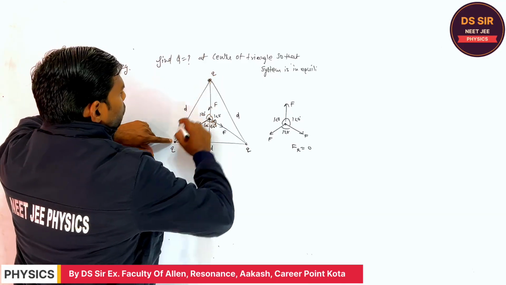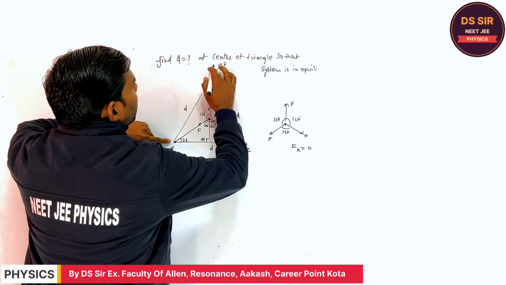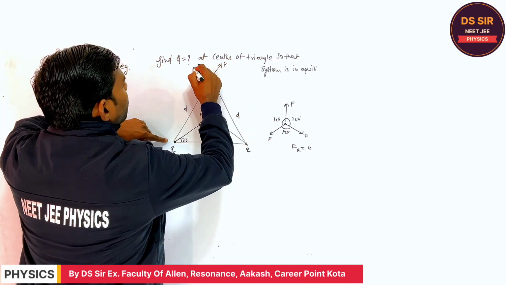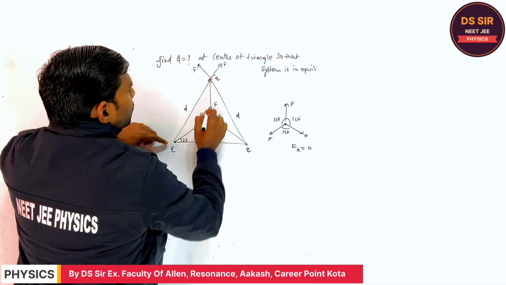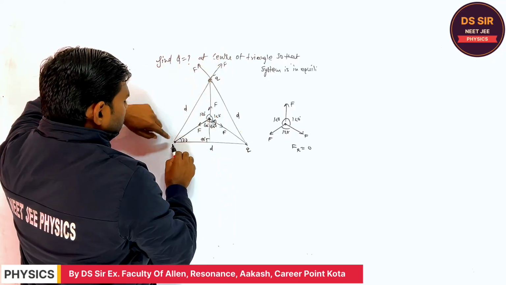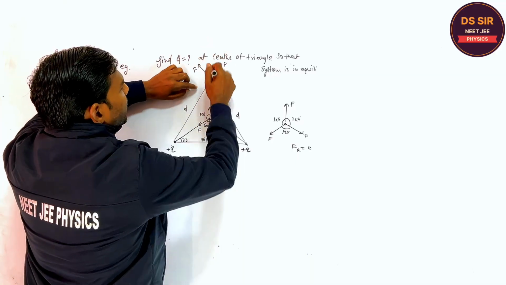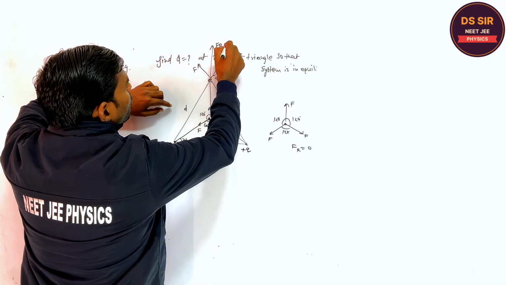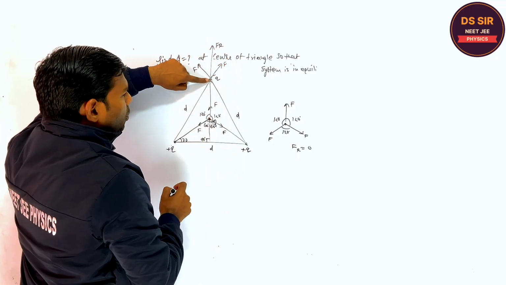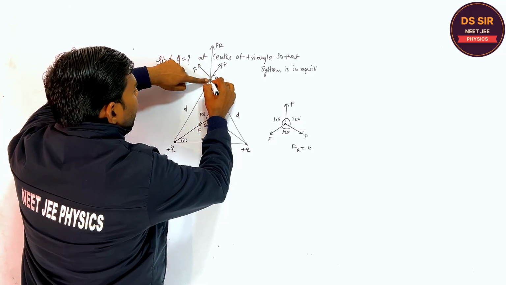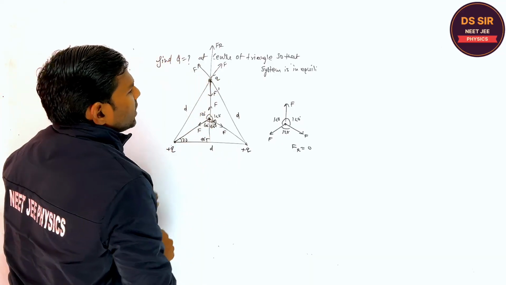Q, Q. The repulsive force is, say, F. Are you getting it? Yes. The repulsive force is say F. So the resultant force, with plus Q and plus Q which you can assume to be plus, is in this direction. To neutralize this force, this charge must be negative and it should be F dash in this direction.